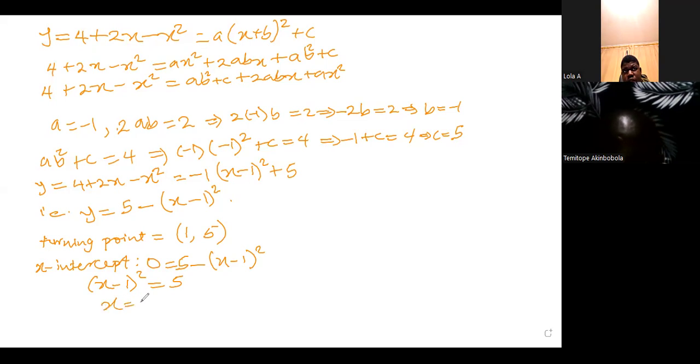And x - 1 will be equal to plus or minus root 5. So x will be equal to 1 plus or minus root 5, which you can write in decimal if you so desire.